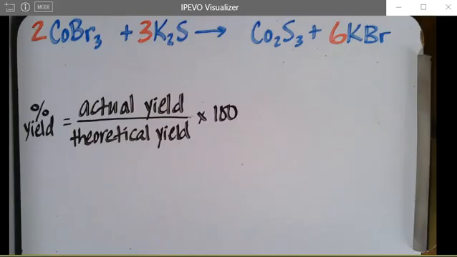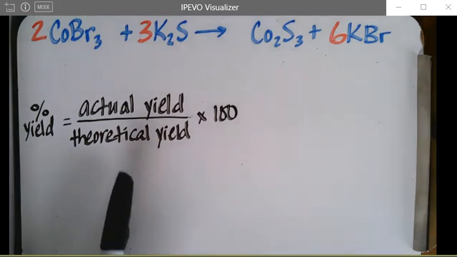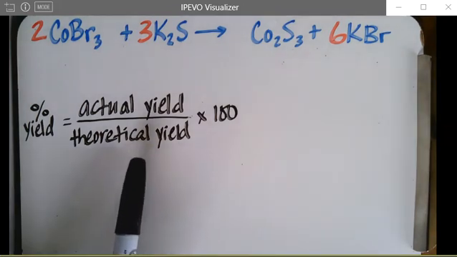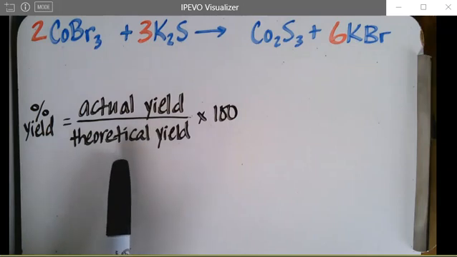For part B, and problems in the future, when using a formula, I would encourage you to write the formula out in its general form before substituting values. So for percent yield, our formula is actual yield divided by theoretical yield times 100. Now that we've written out the general formula, let's plug in our values.